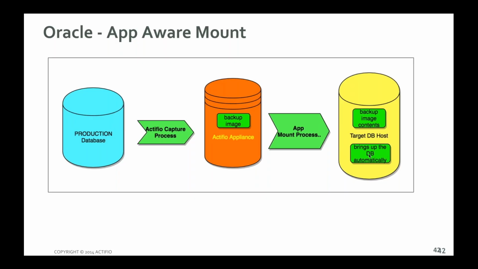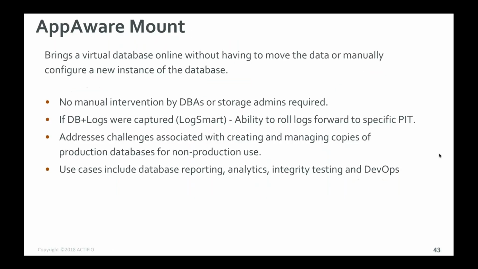If you want to create quick DevOps operations, like multiple cloning environments or multiple test environments, you go with this app aware mount, and it brings up the database automatically on the target host or on the same host, wherever you want to select. In the standard mount, at least DBA intervention is required to bring up the database or to do some restore and recovery operations, for a particular data file and table space.